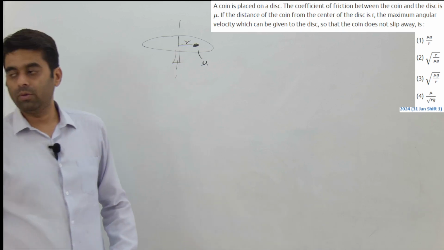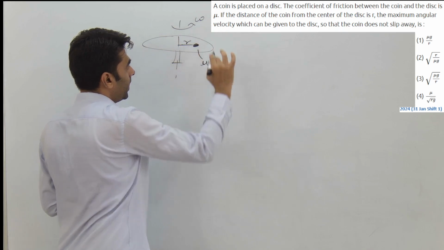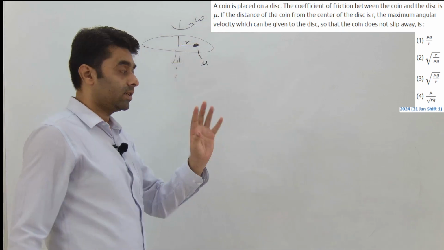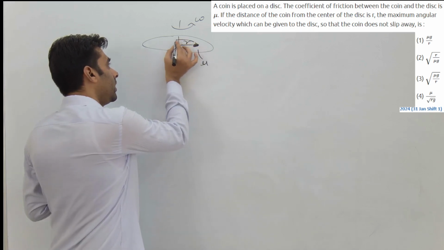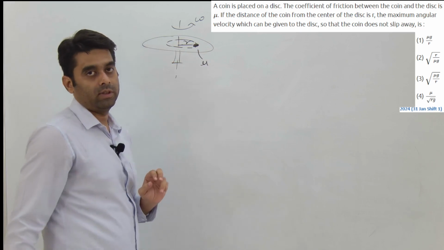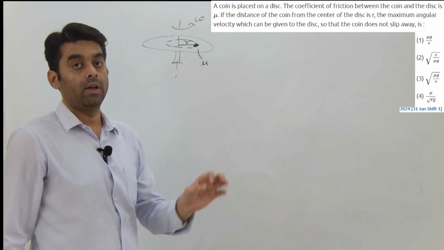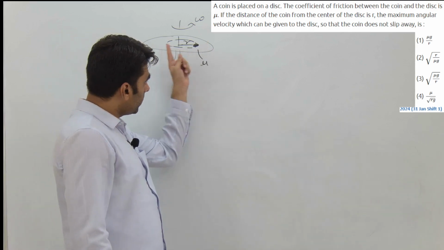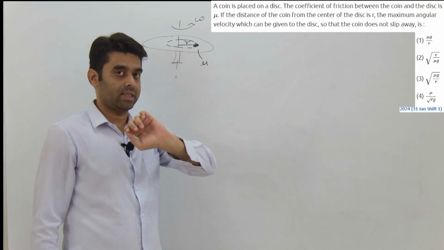So if you notice carefully, what they are asking us is the omega value. What can be the maximum omega such that this coin does not slip away? When we rotate the disc, the coin will also rotate along with the disc. And for the rotational motion of the coin, a centripetal force is required.